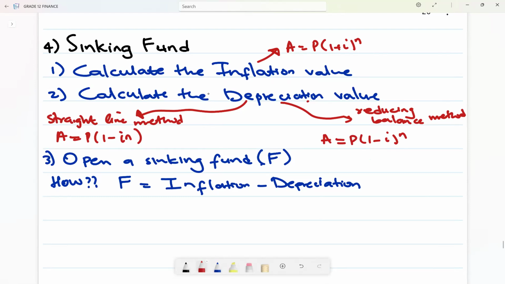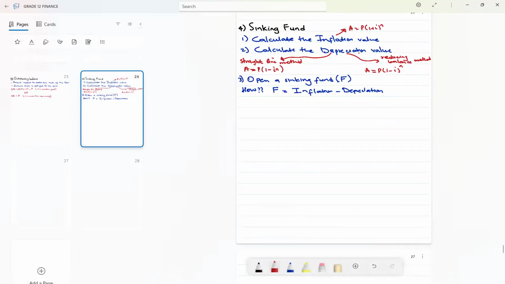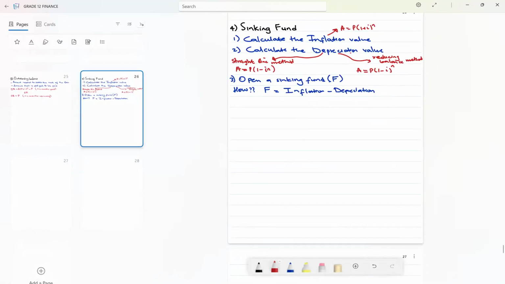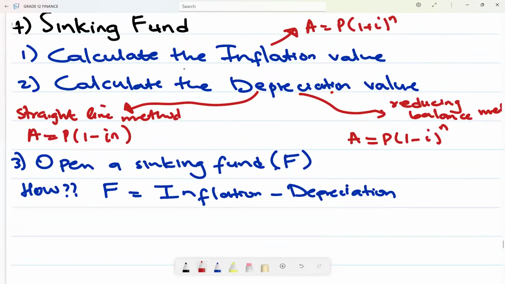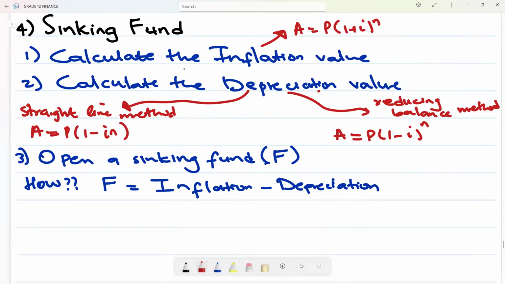Not here on n, but inside here. So these are the two formulas that you should be aware of. Are we ready for an example? I think we are ready for an example. Let's have a look at that example now.